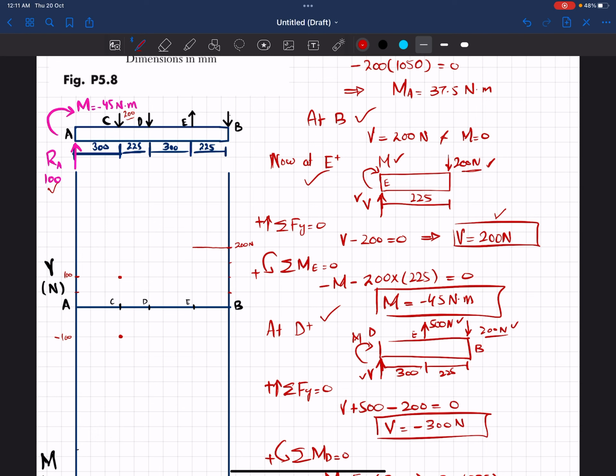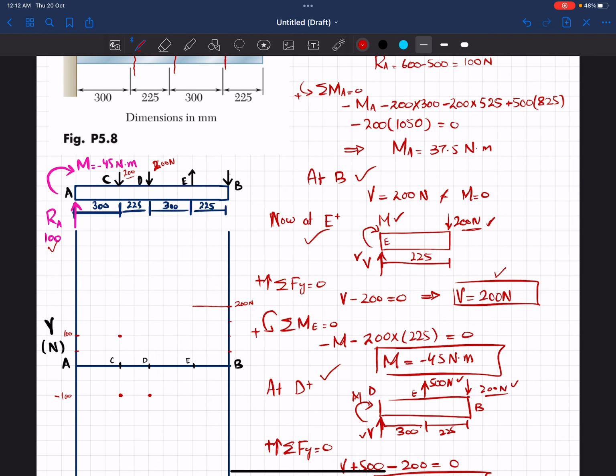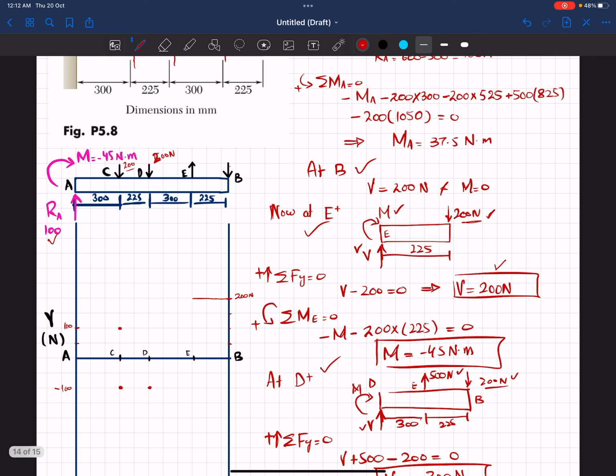Now from C to D the load does not change, but at point D we again have a load of 200 Newton. So 200 and minus 100 is minus 300.